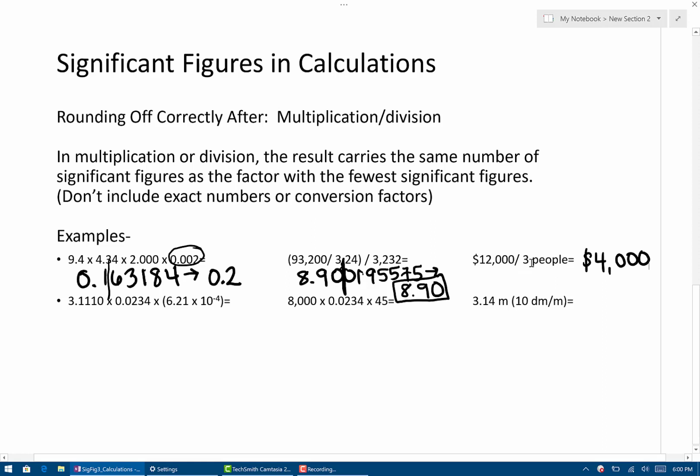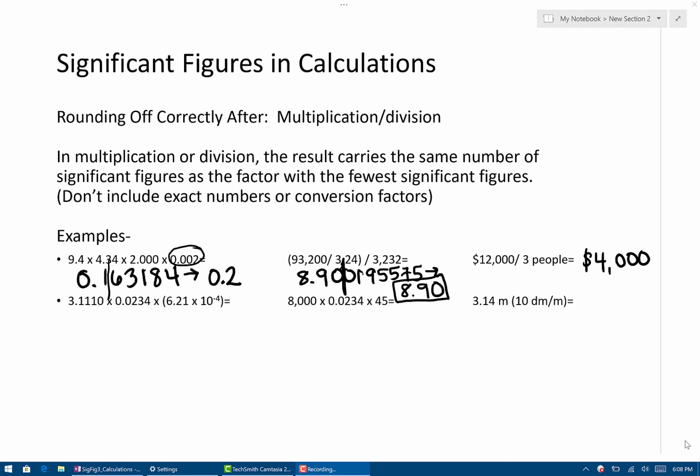And at first you might say the 3 people only has 1, but this is something we consider an exact number. So the 3 people is an exact number. Again, we don't have to include those in our calculations when we're considering the amount of significant figures. So we're not limited by the 3 people. What we're limited by is the 12,000, which is precise to the thousands place. It has 2 significant figures. And so we can only have 2 significant figures in our answer.